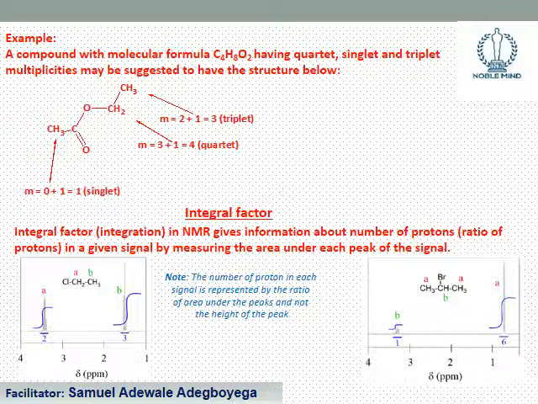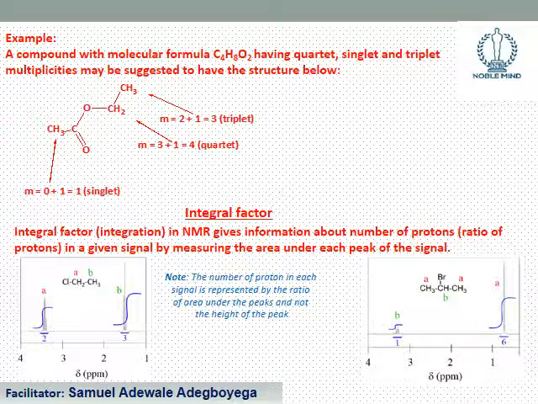You have Cl, CH2, CH3, and we have found out that there are 2 environments here. You have environment A being split by environment B, and environment B being split by environment A. Environment A has 2 protons and is being split by 3 other protons, which is environment B. So 3 plus 1 is equal to 4, so you are expecting a quartet.